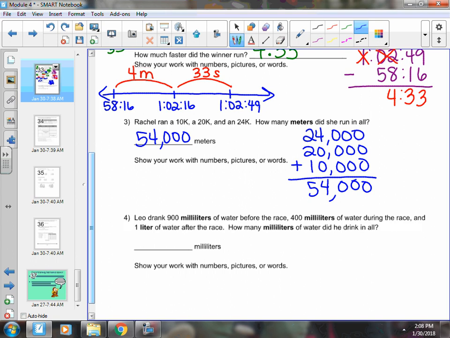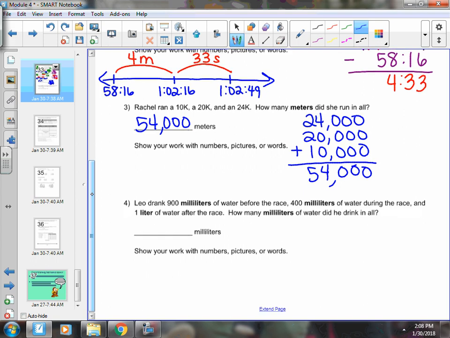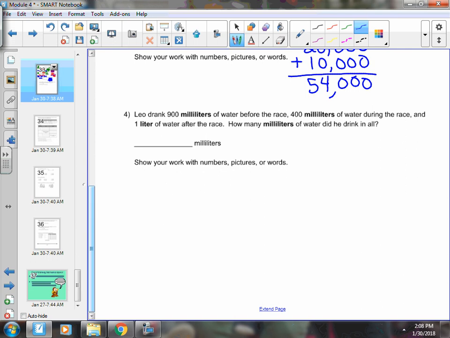Number 4, Leo drank 900 milliliters of water before the race, 400 milliliters of water during the race, and 1 liter of water after the race. How many milliliters? The problem with this is that they're not all in milliliters. 2 of them are, but 1 of them is not. So you need to make 1 of them into milliliters so it matches the others.